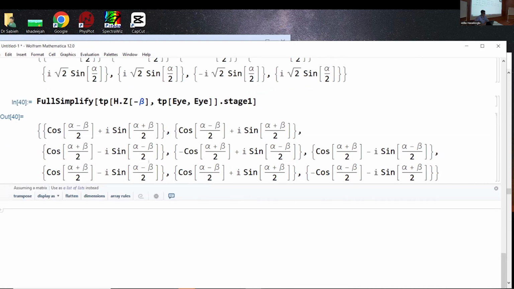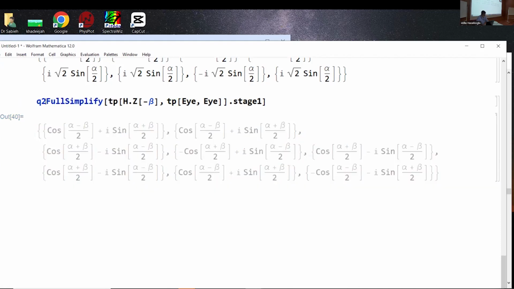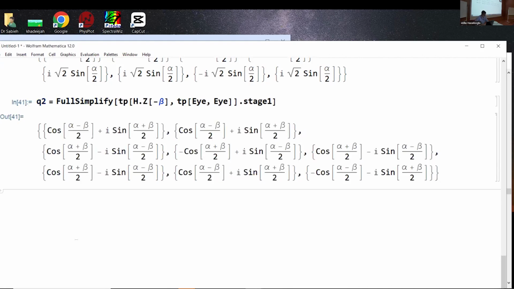Now I have to identify from when the outcome is 0 at the second stage. These will be the first 4 terms again. So let's call this Q2. Take the first 4 terms.